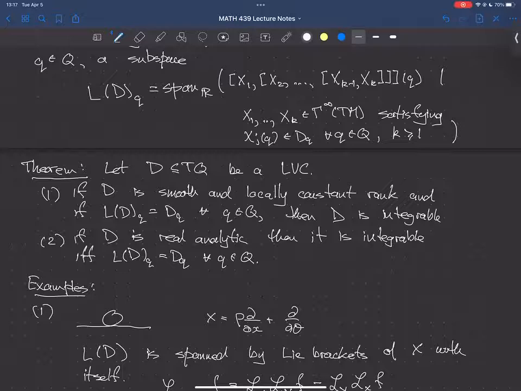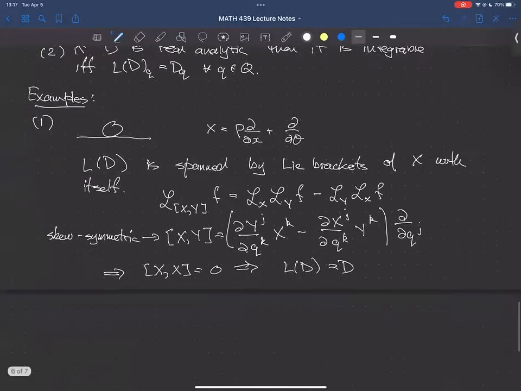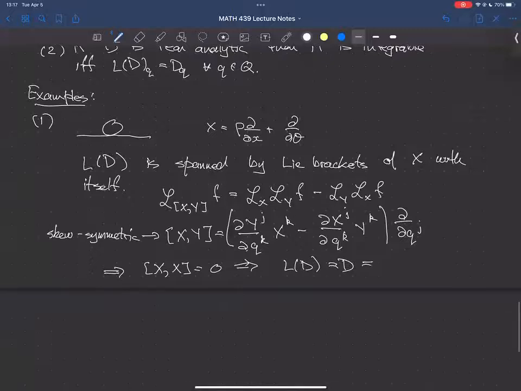Because it's just X and X spans D, and so therefore L is equal to D. That's the point. And so therefore we have that D is integrable.